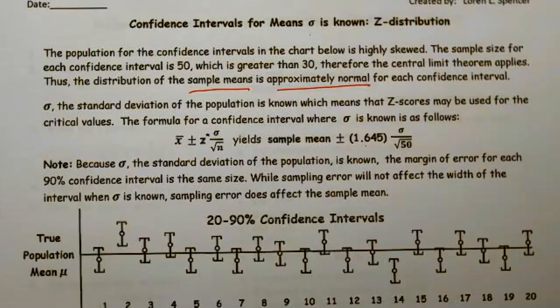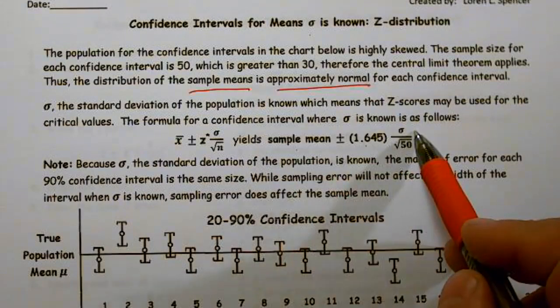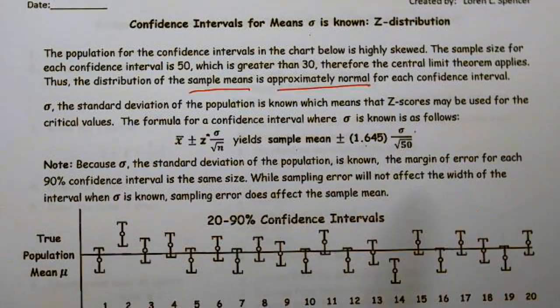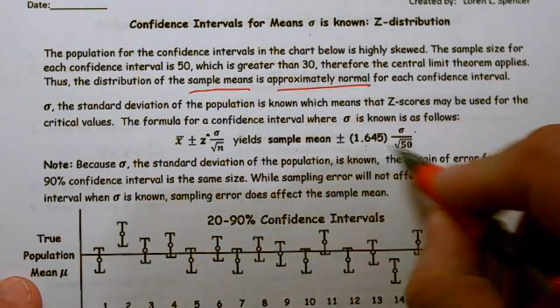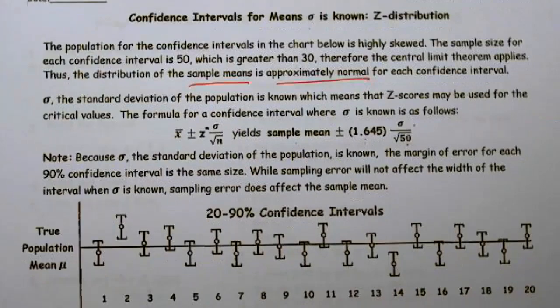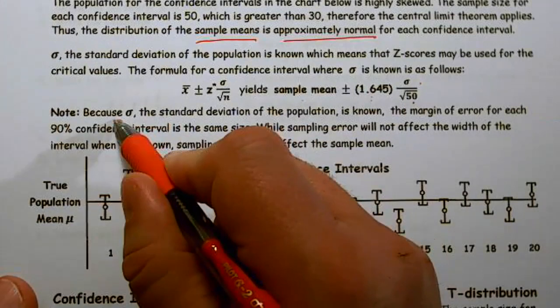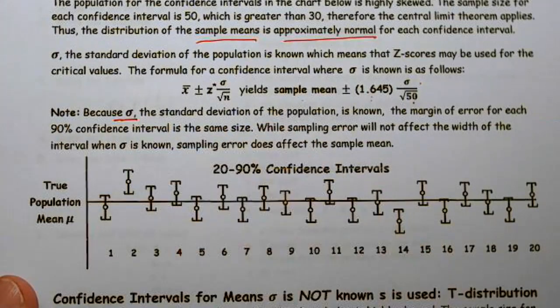Now, the sample mean comes from the sample, and the sample standard deviation comes from the sample. So that I don't know because I don't know what each sample is going to give, but I know this is going to be my z star and I know this is my sample size. Well, if I know the standard deviation of the population, it's not going to change because I know that value.